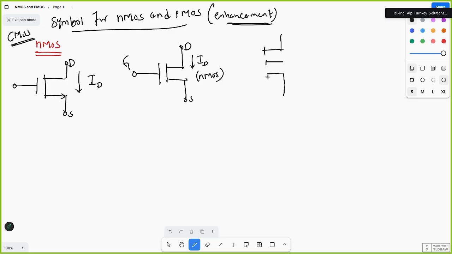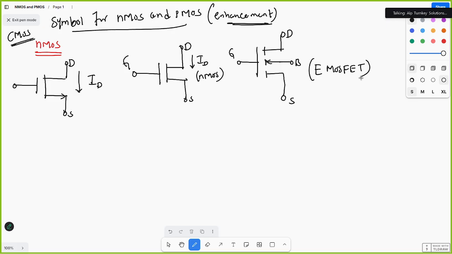This is gate, next drain, gate, and source, and this one is bulk or body or substrate. This is an enhancement MOSFET.